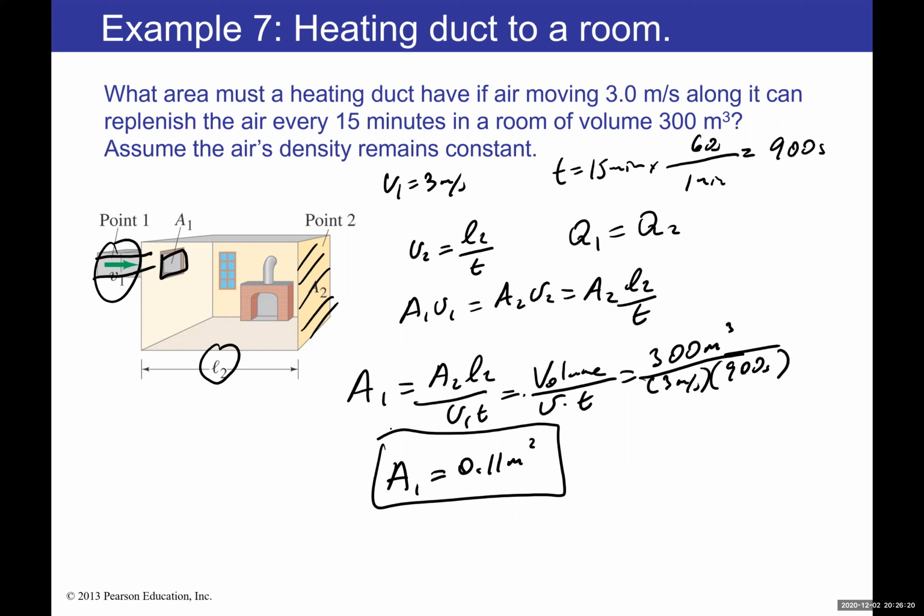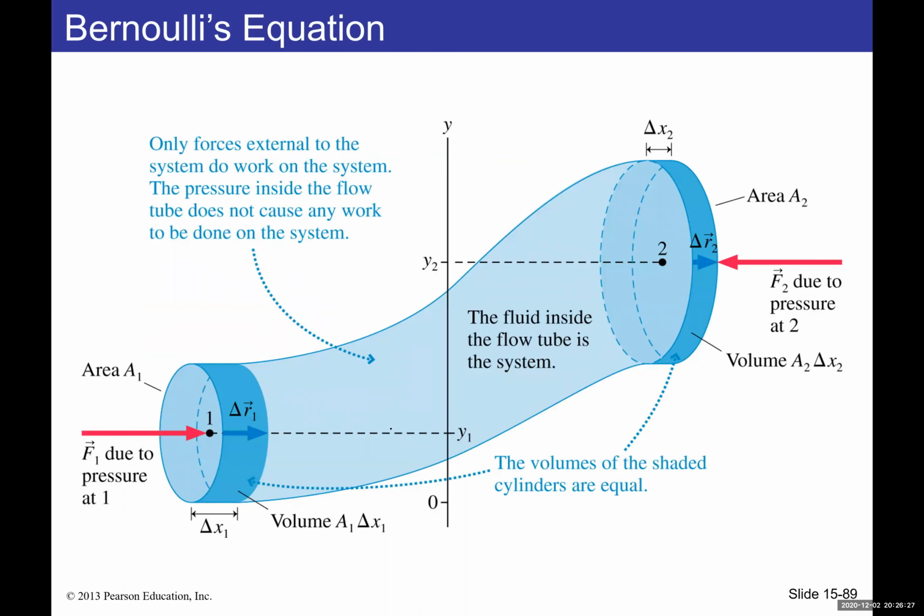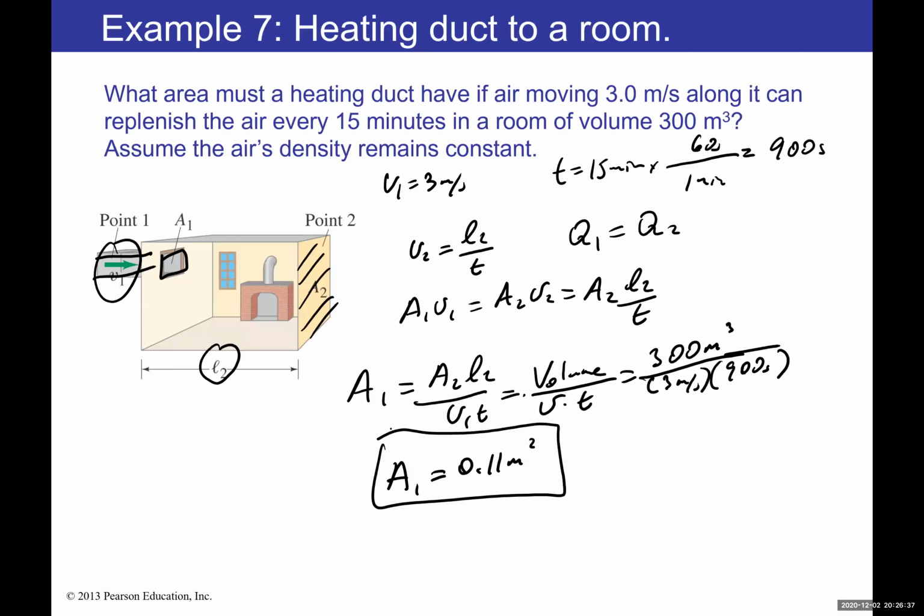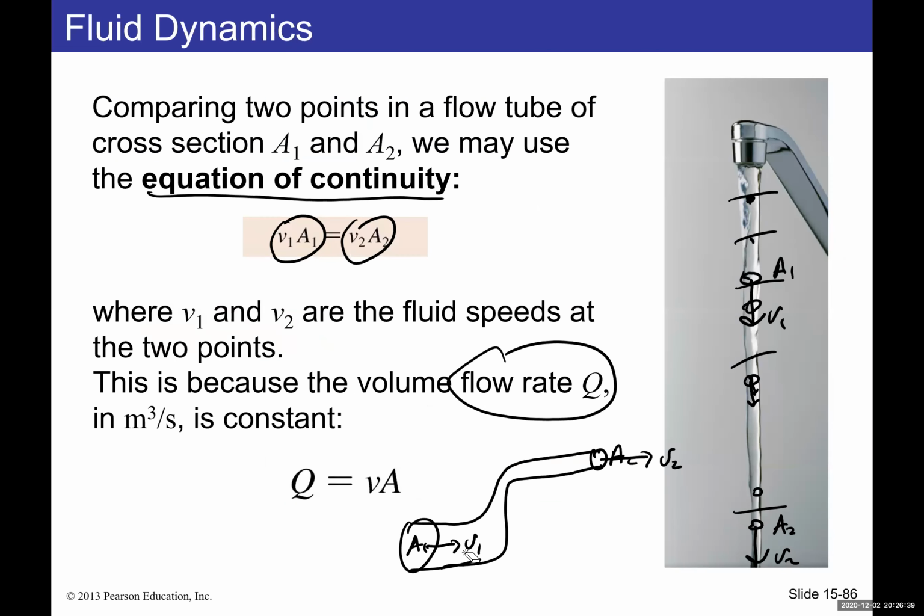Okay. All right. So continue with another principle, another equation. This is known as Bernoulli's equation. By the way, let's go back here. This works with the continuity equation, right?